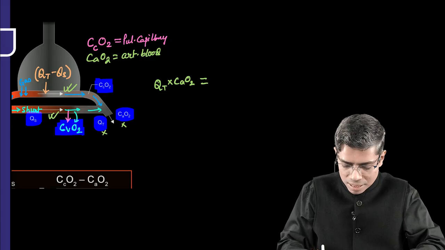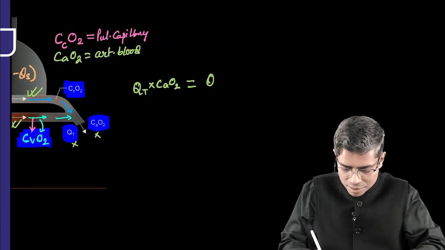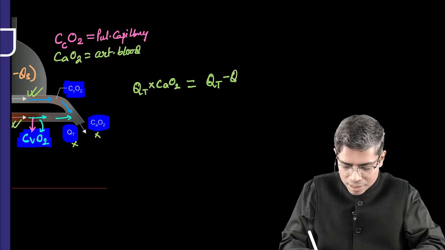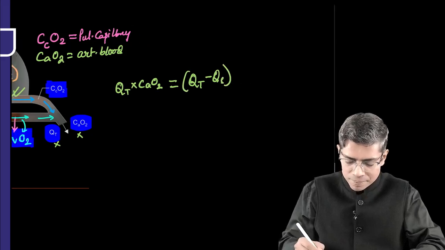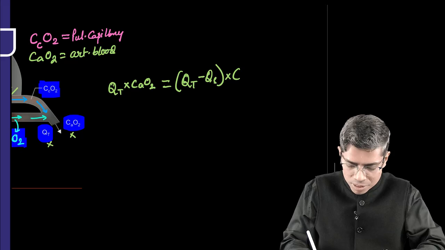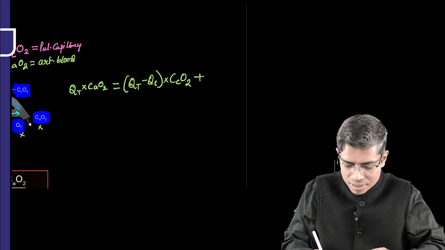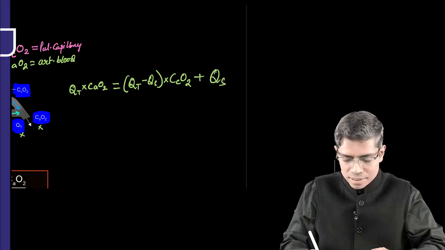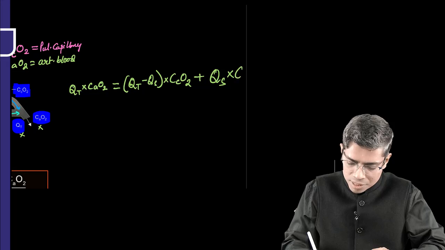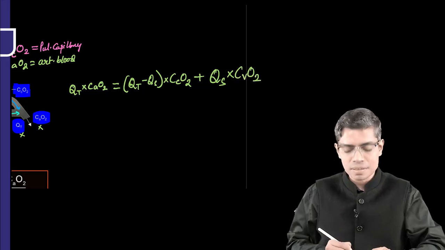The oxygen coming from this exchange is QT minus QS, the volume of blood, times the concentration of oxygen here, CcO2, plus the shunted blood portion QS, times the concentration of oxygen here, CvO2, that is the venous blood concentration.